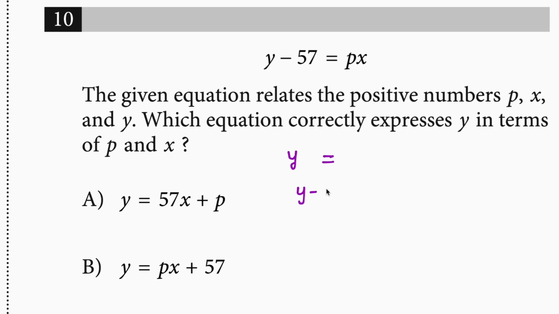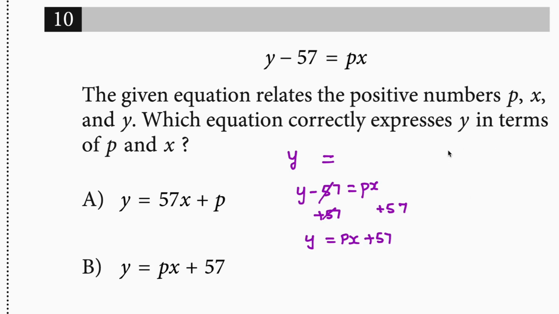So our given equation is y minus 57 is equal to px. And because we need y is equal to, that means this 57 has to be moved to other side, or in other words you can say add 57 on both sides. So y is equal to px plus 57.